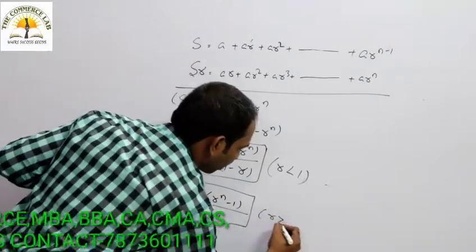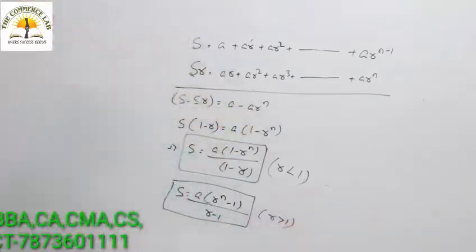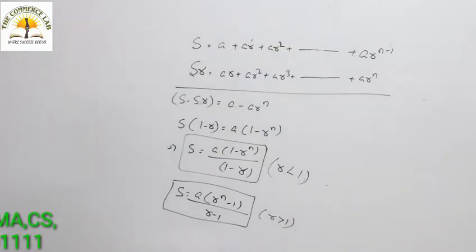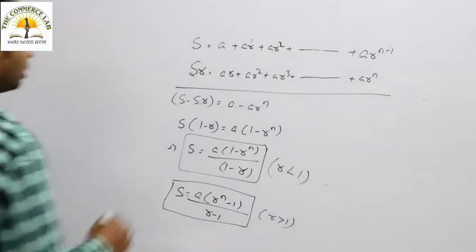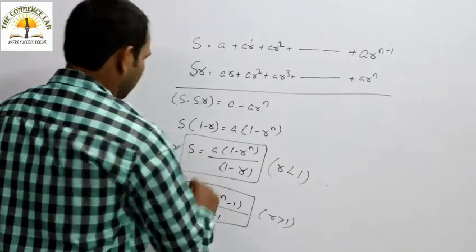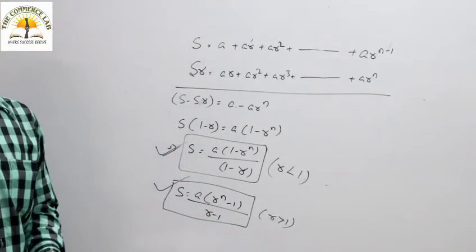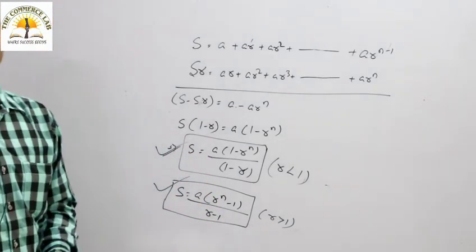If r is greater than 1, then S equals a into r to the power n minus 1 divided by r minus 1. So this is the formula for the sum of n terms of GP.